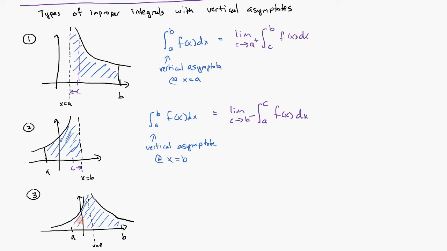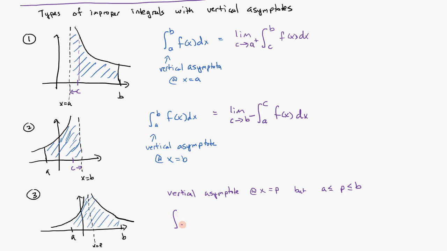So again, for the region that you want to compute the area of, there's a vertical asymptote in the middle. So here you have a vertical asymptote at x equals p. p is in the middle of where you want to integrate.